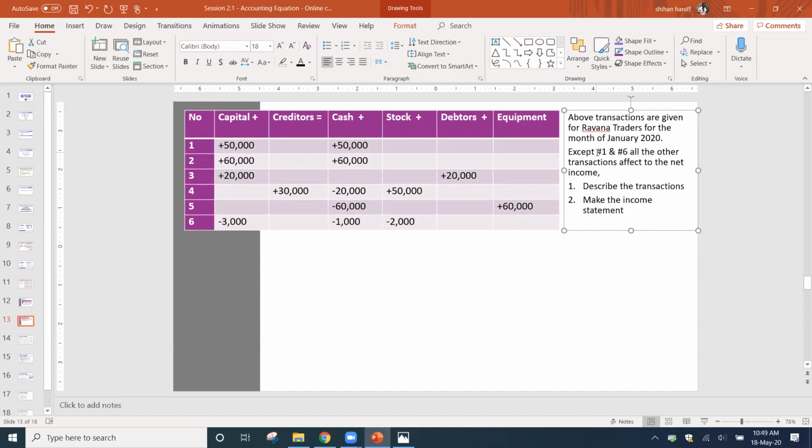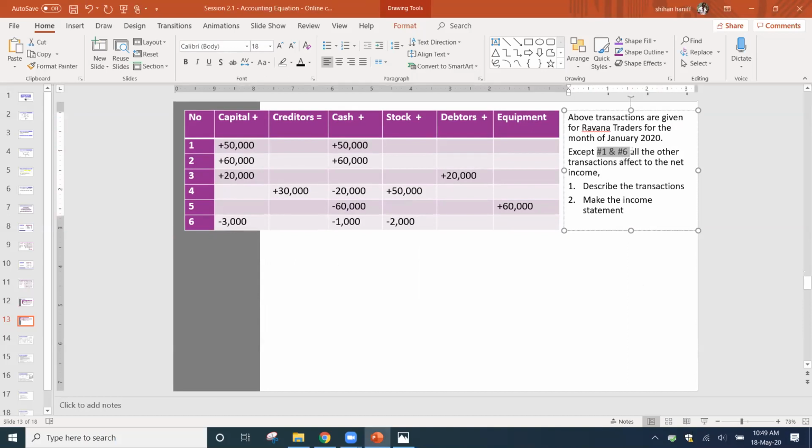Except 1 and 6, all other transactions affect the net income.